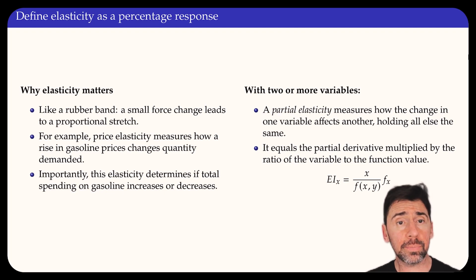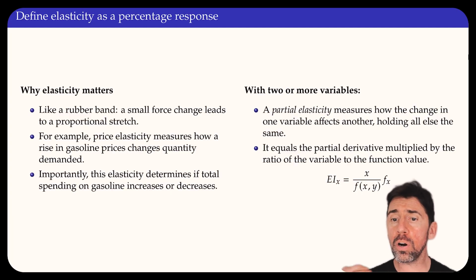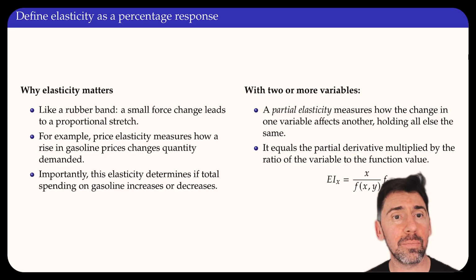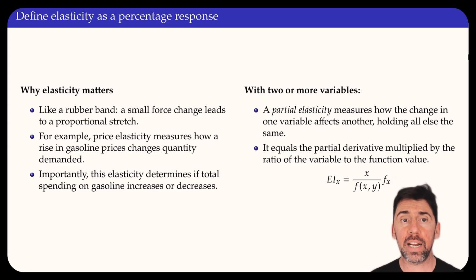If x is the variable that we're interested in, then the partial elasticity is the partial derivative of the function, maybe a demand function or supply function, with respect to x, multiplied by the ratio of the variable to the function value. And this will give us an elasticity, which gives us that percentage change interpretation that we're looking for.